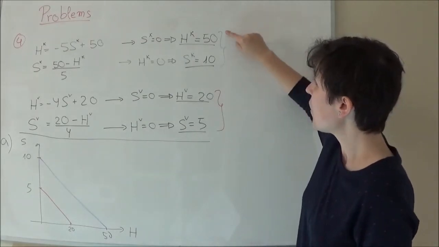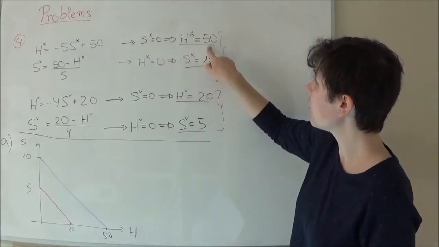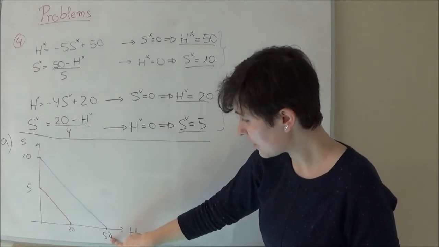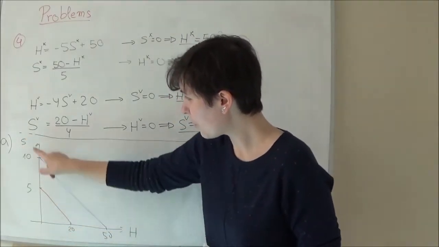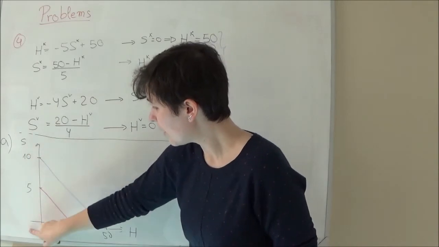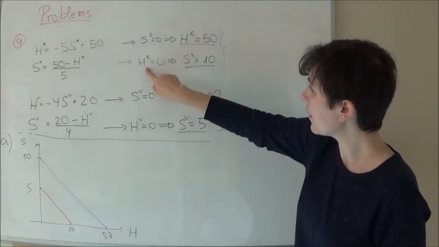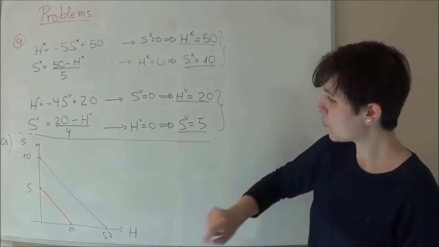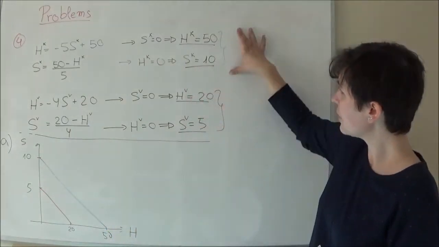So here, when the production of swords is 0, I'm going to produce 50 units of helmets. Helmet is here, sword is here. So when the production of swords is 0, helmets is 50, and vice versa, when the production of helmets is 0, I can produce 10 units of swords. That is here. So that is the PPF for this economy.